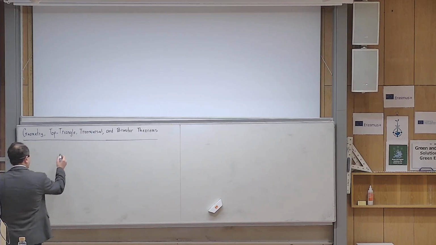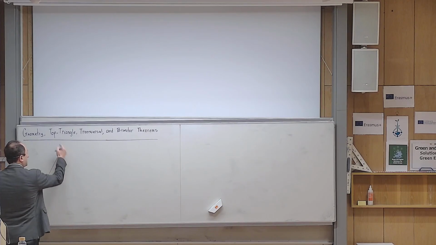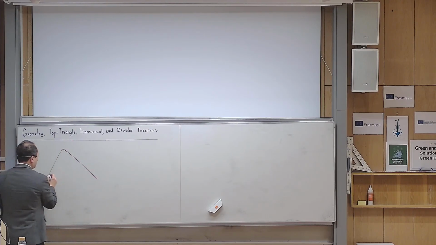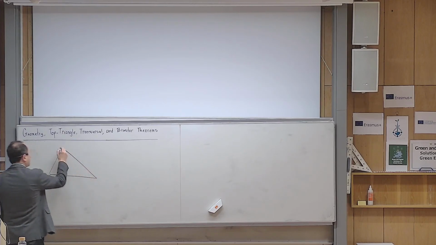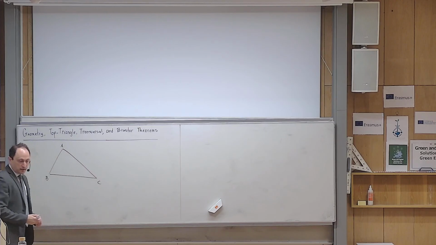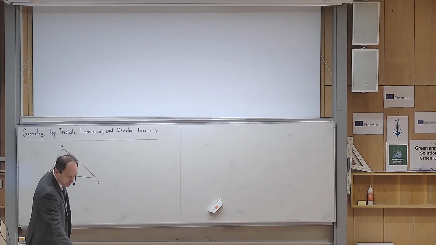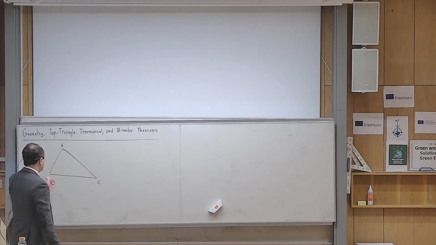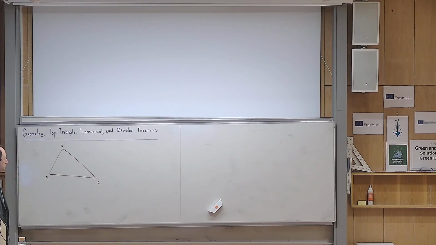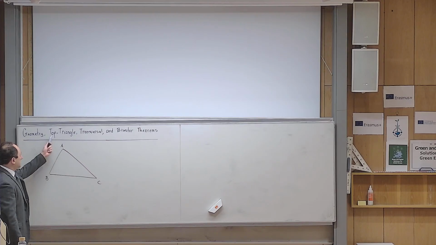If you have a triangle ABC, I'm trying to describe to you what the top triangle theorem is. So if I have a triangle, let me call it ABC, and then I draw a line parallel to one of these sides, it doesn't matter which one. Of course, the word top here, I will tell you why they call it top, but it doesn't matter if it is top or on the right or on the left.